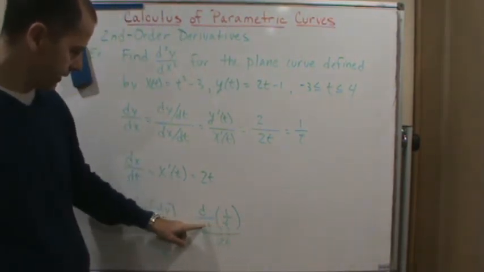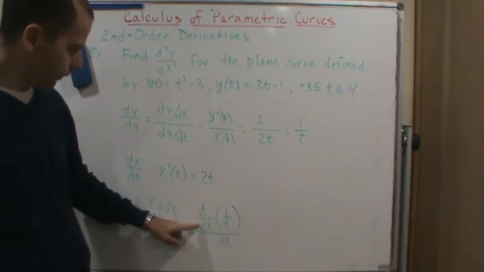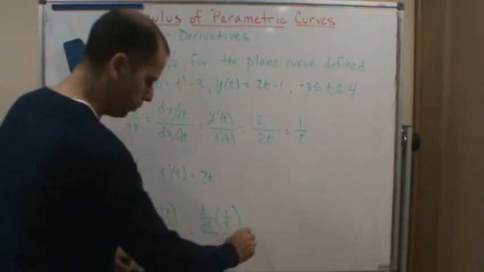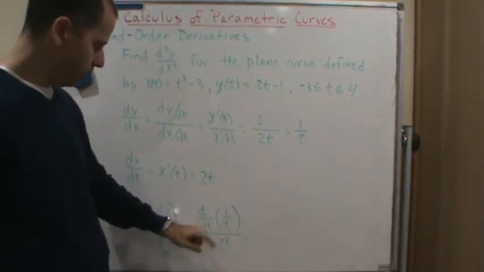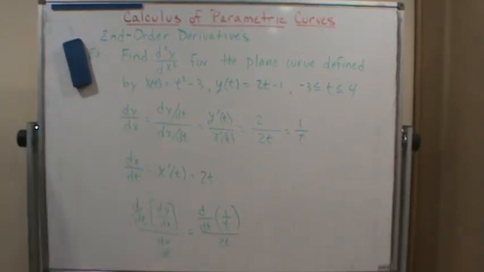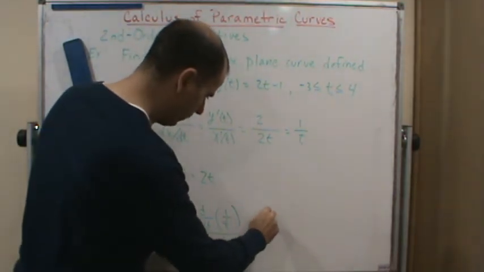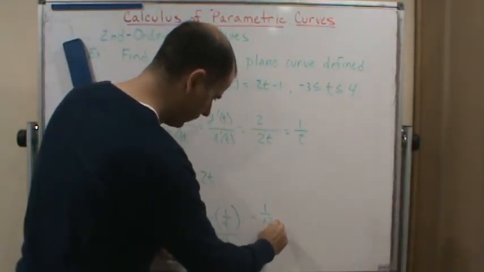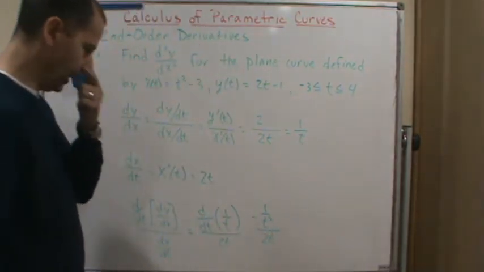So basically we're taking the derivative of this right here. This just becomes -1 over t squared, over 2t.